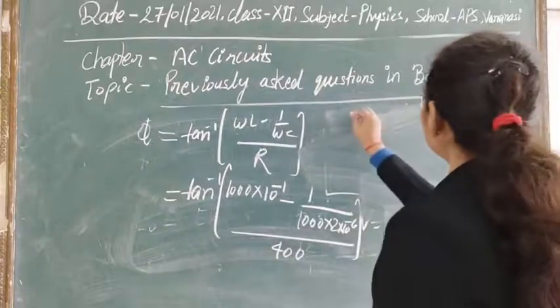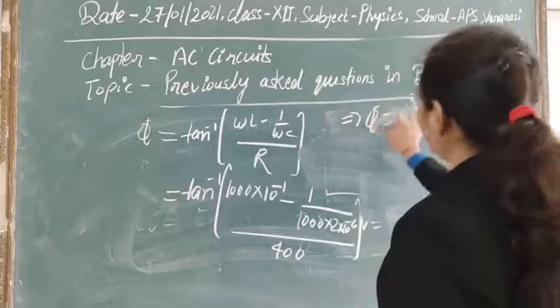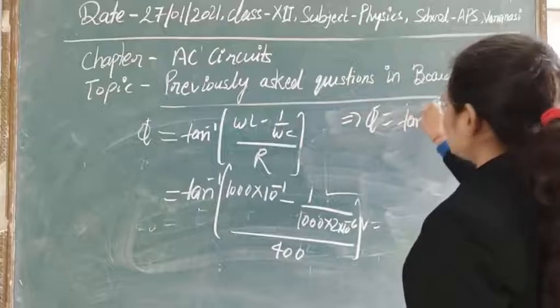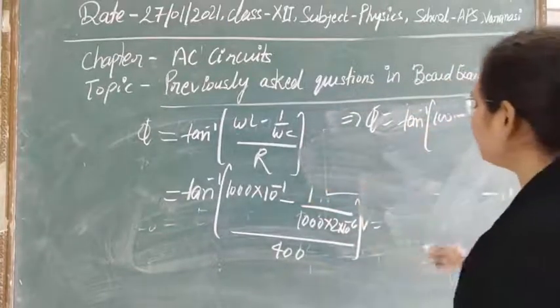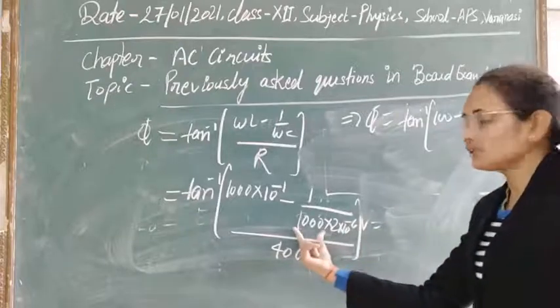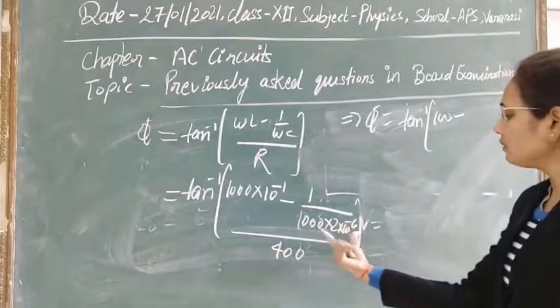Now if you solve this equation, the value of phi is equal to tan inverse. This will be 100, and this will be 10 power minus 6, and obviously here 10 power 3, so overall it will be 10 power minus 3.